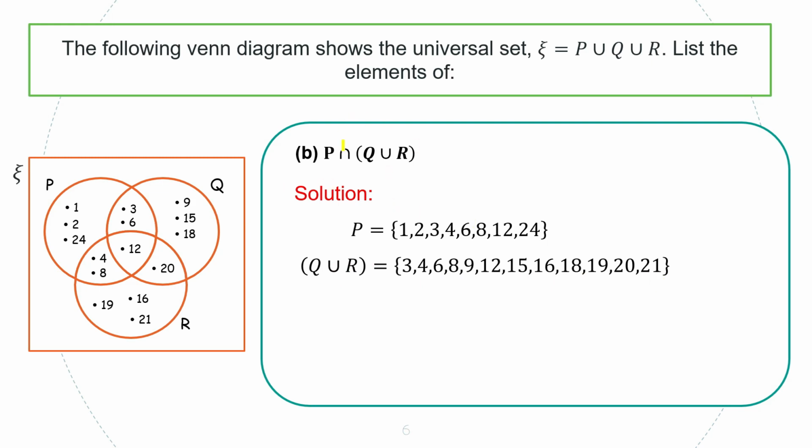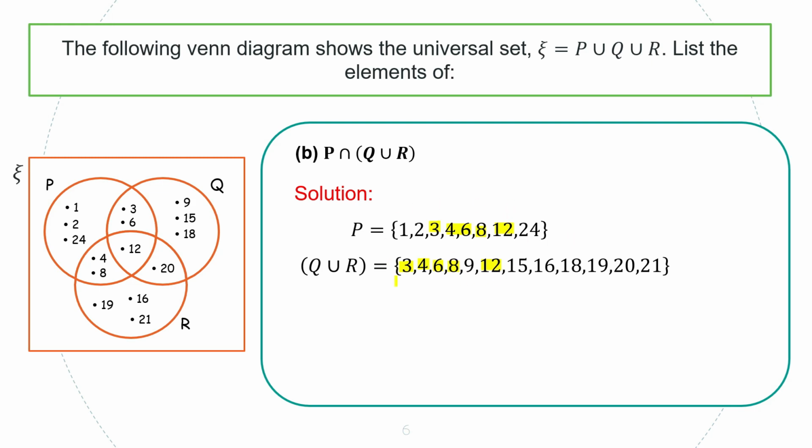So the question is asking us to find the intersection between these two. What is the intersection? Intersection is the common element between the sets. Okay, first we find the common element. 3 is the common element. 4 is the common element. 6 also the common element. 8 also the common element. 9 is not the common element. 12 is the common element. 24 is not the common element.